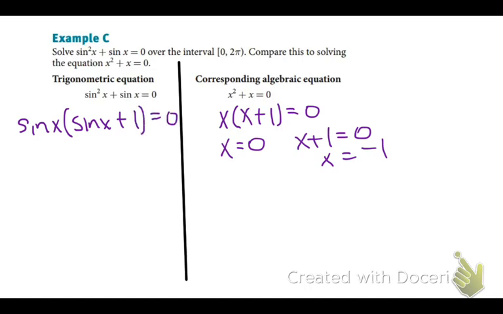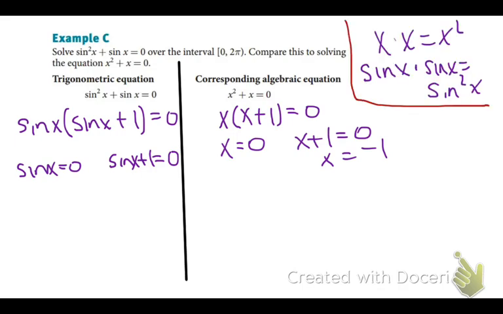Equals 0. Now we're going to apply that zero product property. Let's split this thing up. So I'm going to have sine x equal to 0, and sine x plus 1 equal to 0. On your unit circle, where does sine have a value of 0?